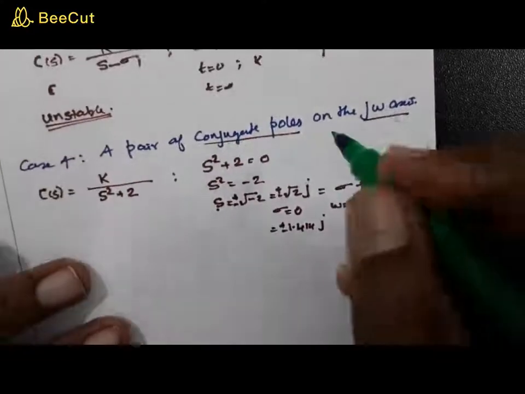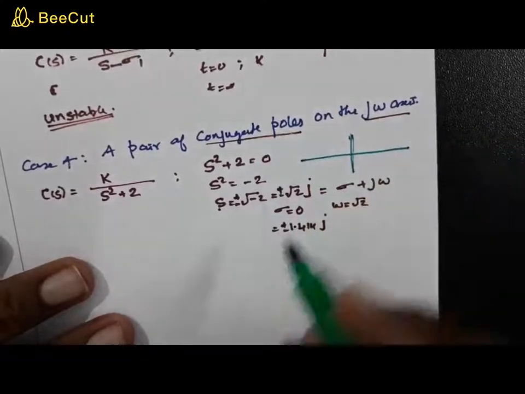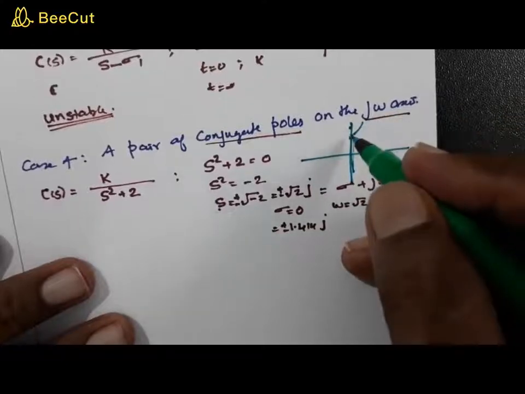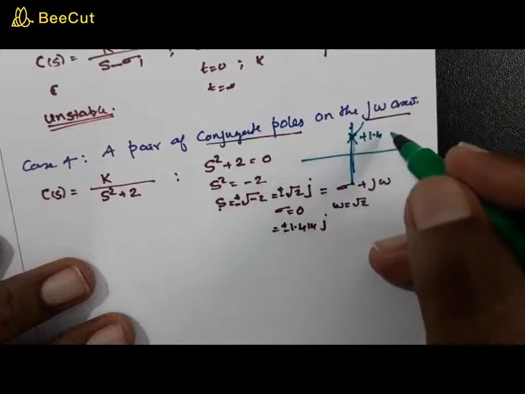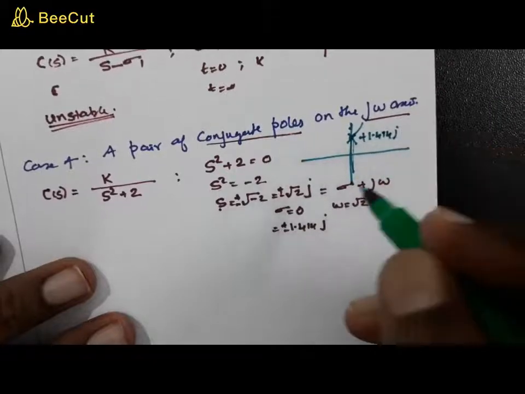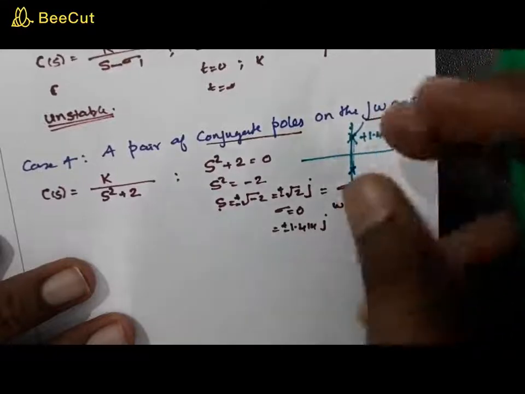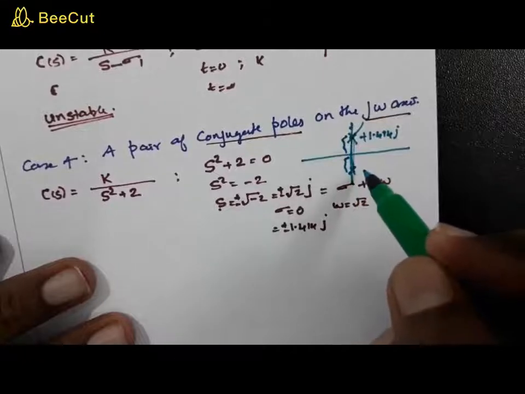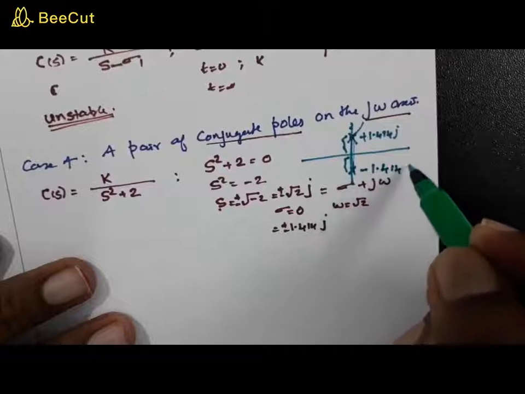Now you can plot this. When you plot this, you can see that it lies on this axis, which is your imaginary axis. Say this is plus 1.414 j. Exactly on the negative side, with the same magnitude, you can find one more pole, which is minus 1.414 j.